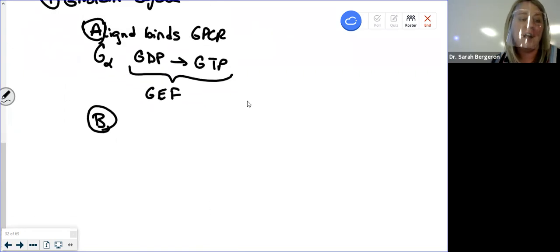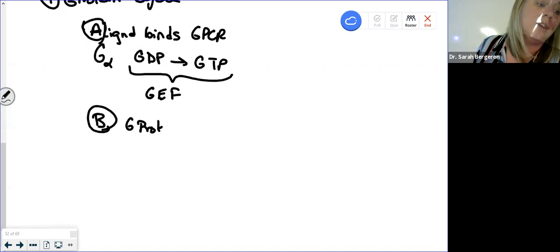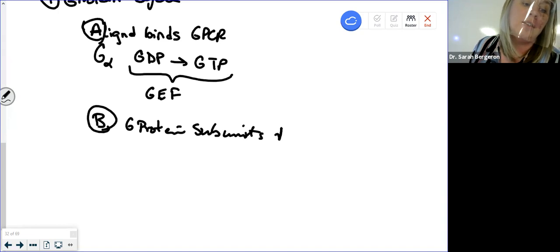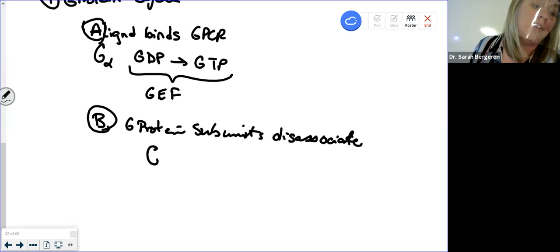Now we have G alpha bound to GTP. What happens? There are a lot of things that happen between those two. The G protein subunits dissociate. So I have G protein alpha dissociating, and I have G protein beta gamma.